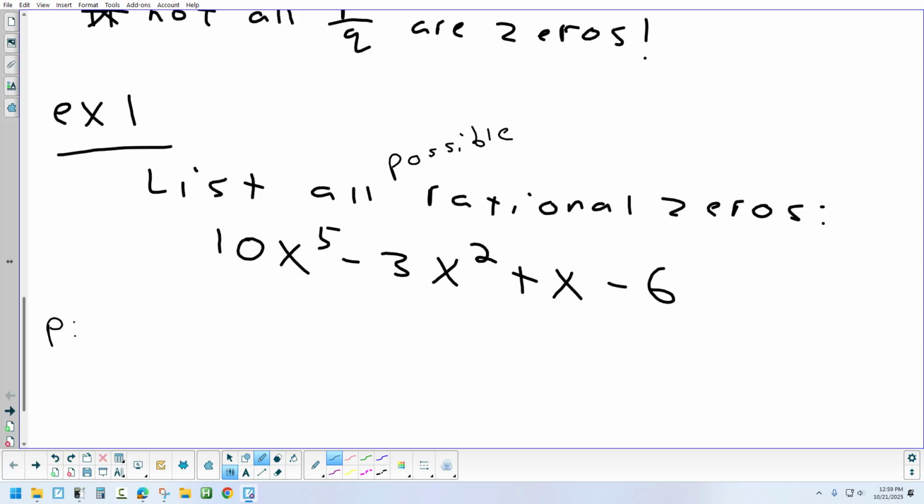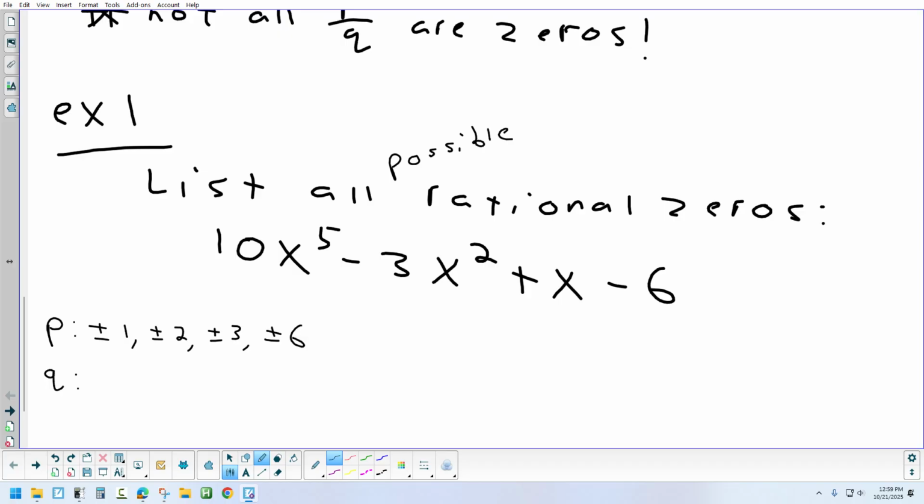That's half of them. What else? They're negatives. Yes. So we have positive or negative 1, 2, 3, 6. Those are all the factors of P.